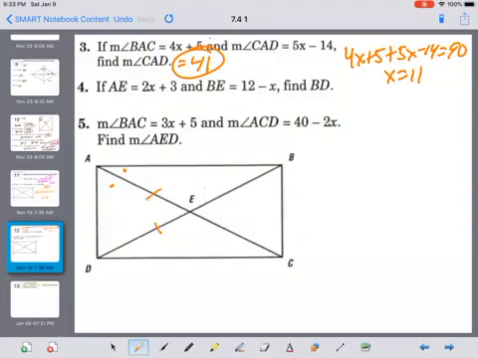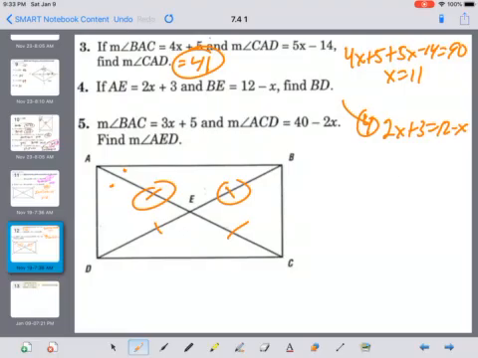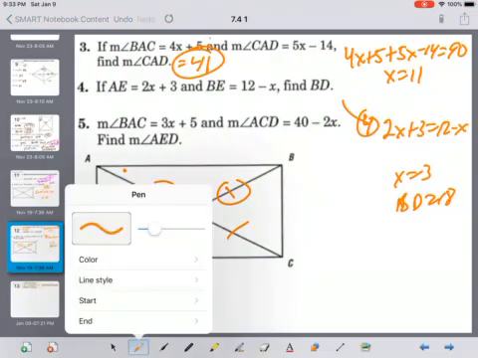AE and BE, well, the diagonals bisect each other and they are congruent. So those two pieces would be equal to each other. So 2x plus 3 equals 12 minus x, which is x equals 3. And then I get that BD equals 18.